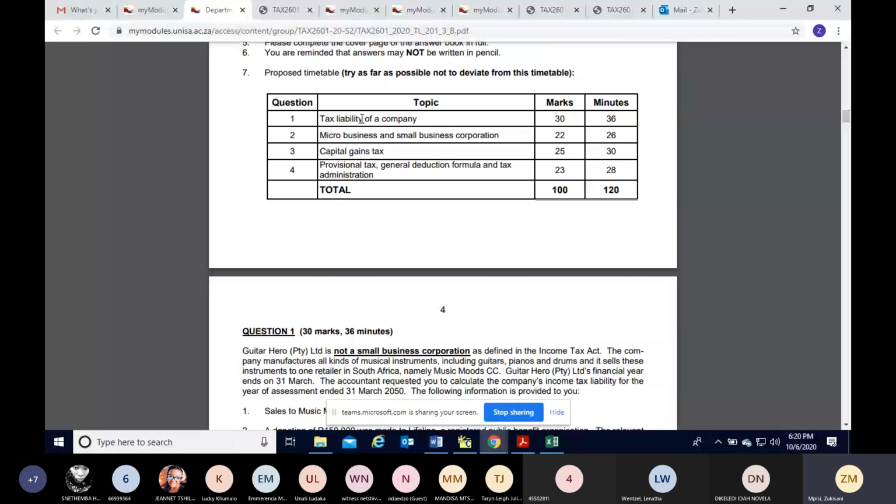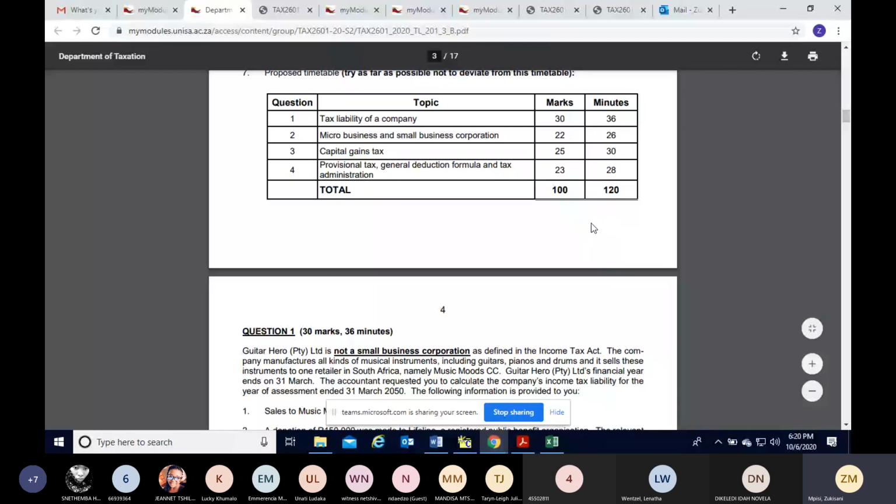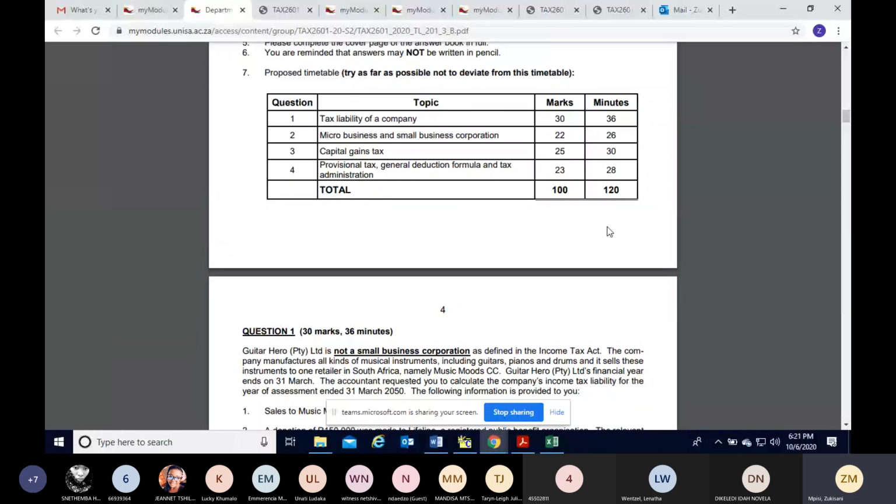You can even attempt to do this question paper online. What does that mean? It means have this question paper in front of your iPad, your laptop, your phone, and read it online exactly as you would do when you are preparing for the online examination. To do this paper, you need 120 minutes. So please time yourself for each question.